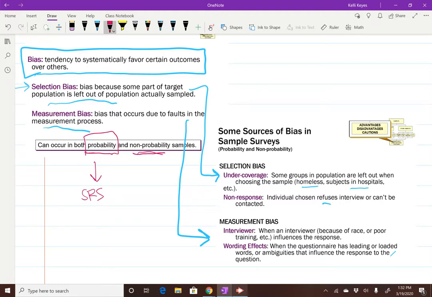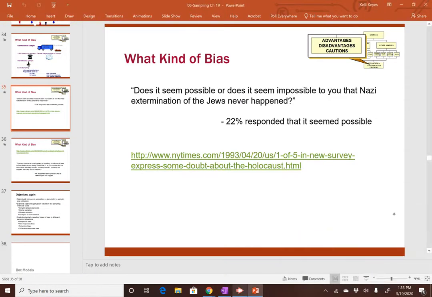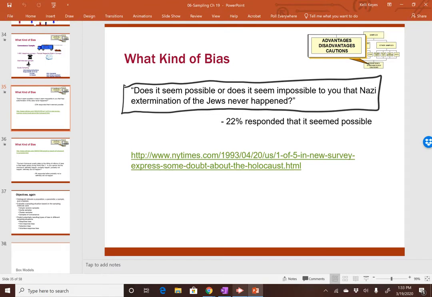Okay, I'm going to find that example that was really, really bad. Give me just a second. Okay, I found it. This was a question in 1993 sent out to people. Okay, this really did happen. So the question they asked is, does it seem possible or does it seem impossible to you that Nazi extermination of the Jews never happened?